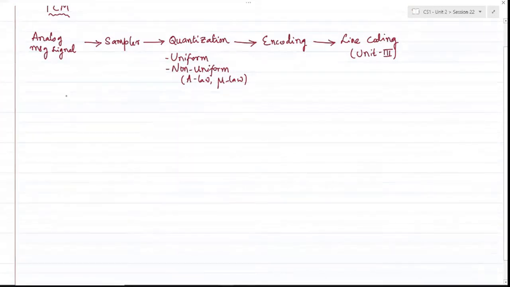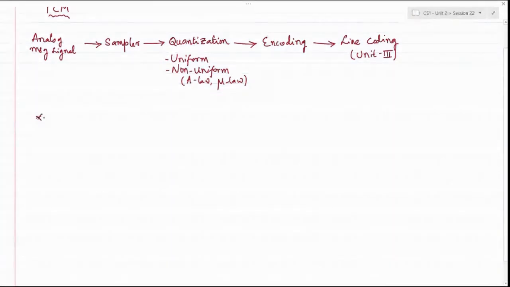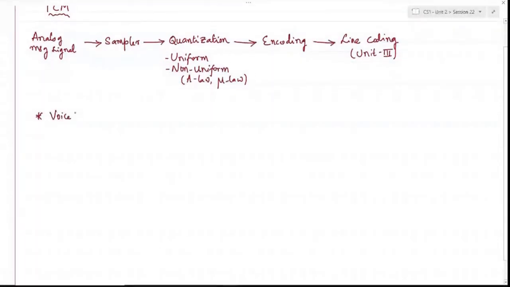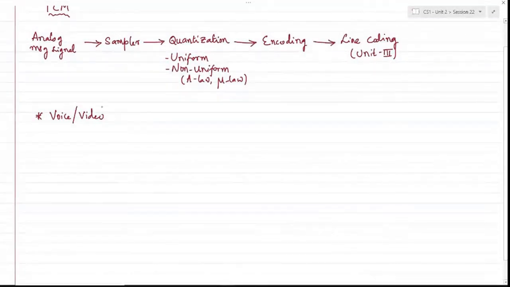Say in reality, when a voice or video signal is sampled at a rate slightly higher than the Nyquist rate, so obviously we take the sampling process to follow the Nyquist theorem, the resulting sampled signal is found to exhibit a high degree of correlation between adjacent samples.